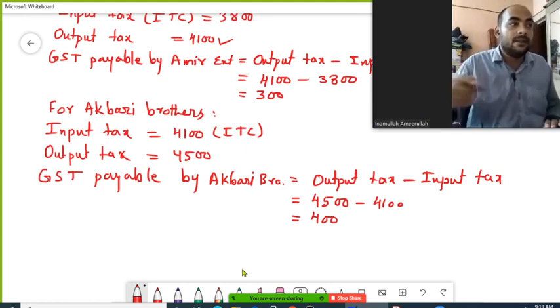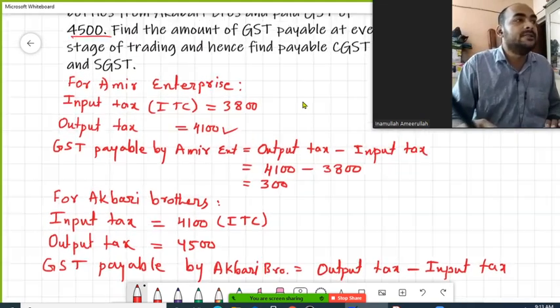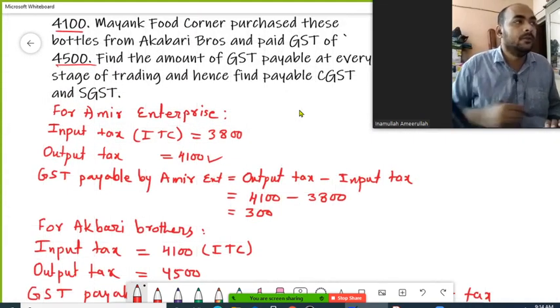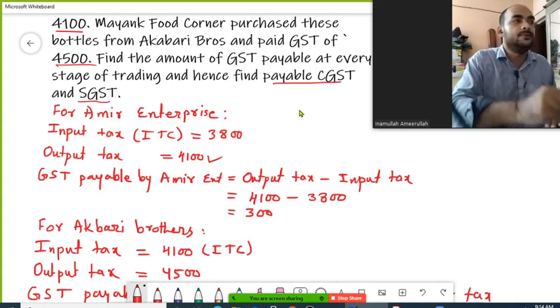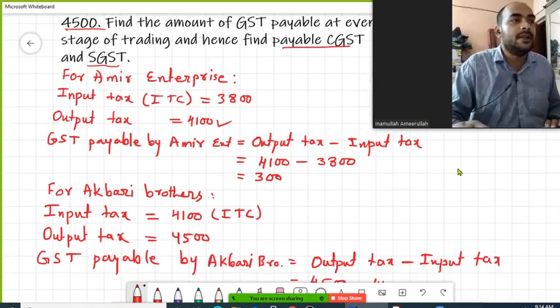Then the next part of the question says: find the payable CGST and SGST also. So we will make a table.